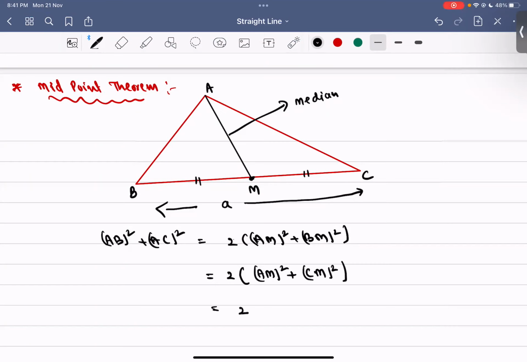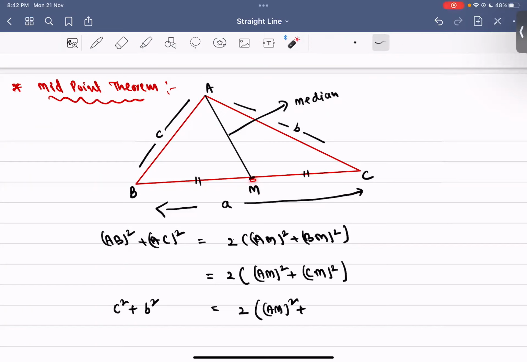then what is the AB length? Already we have seen yesterday, I have given the notations. This AB is opposite to C, therefore this is denoted by small c, and this is denoted by small b. So AB distance is c square, plus AC distance is b square, equals 2 times AM square plus CM, which is a by 2.